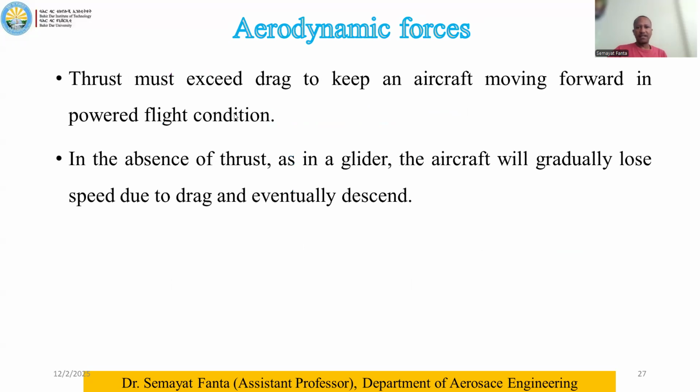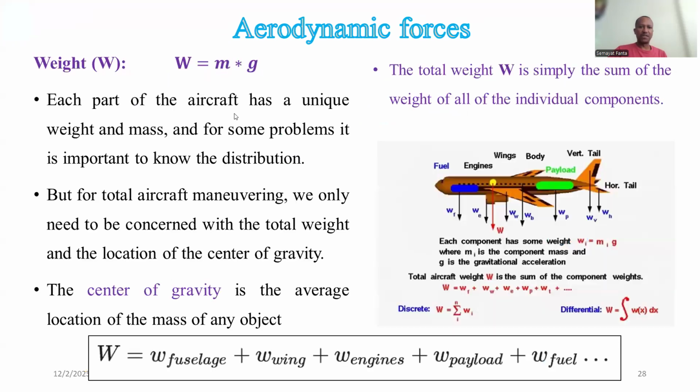So these are the four important aerodynamic forces. The fourth one is the weight. As I told you, weight is the sum of all mass of the aircraft, all mass of the luggage, and all mass of the passengers. This sum will give us the total mass, which may act through one particular point called the center of gravity.